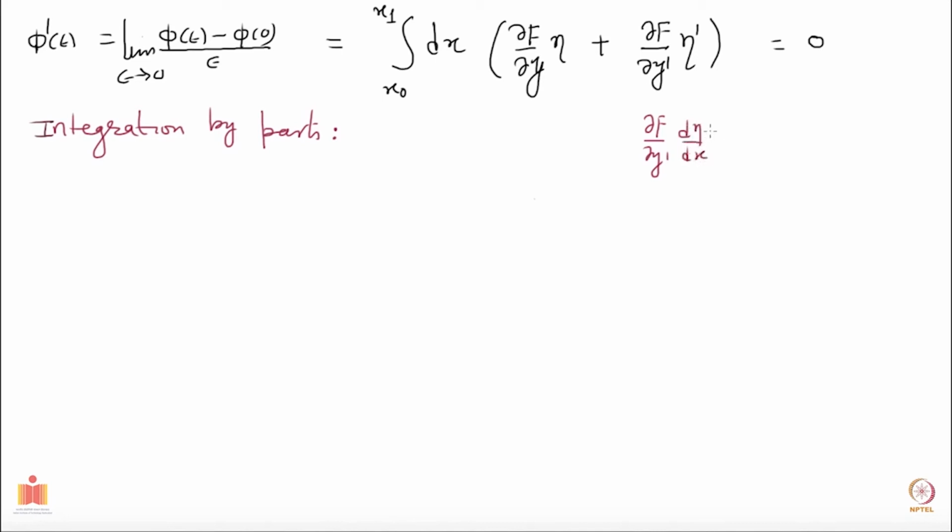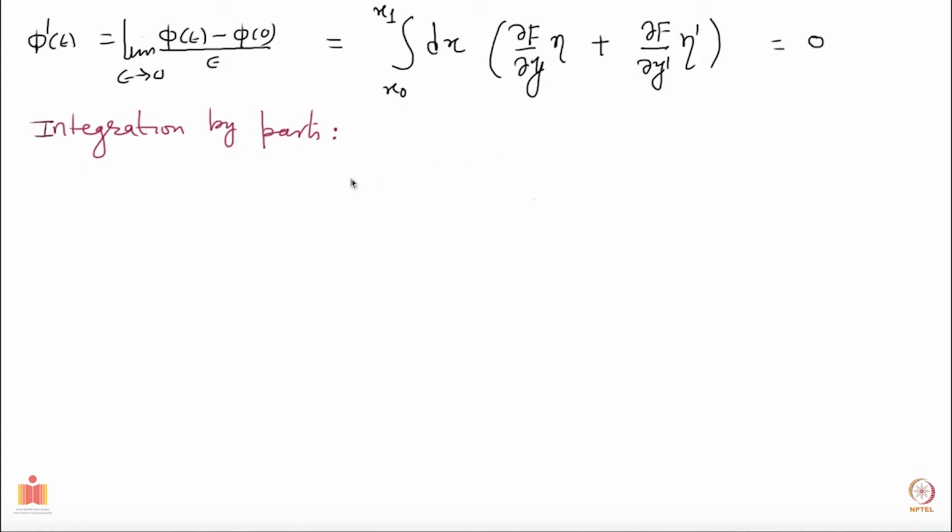What integration by parts does is it helps you to take away the derivative from eta and put it on this one. And that you may want to do because there is an eta here, and then you will be able to combine the two terms. So that's what integration by parts does, which you have learned in your school.